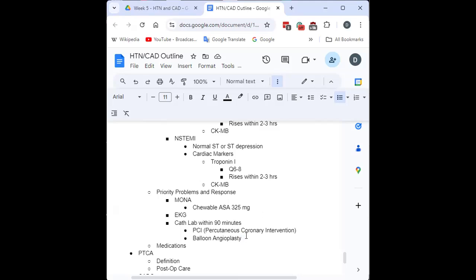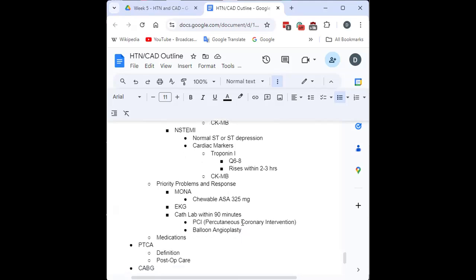Okay. So things that they can do is the PCI, percutaneous coronary intervention, which I don't think you guys go over too much. I think it's more like a 232. But balloon angioplasty, the PTCA, which I guess is the balloon angioplasty, isn't it? PTCA, percutaneous transluminal coronary angioplasty. It's a type of PCI, a subdivision.